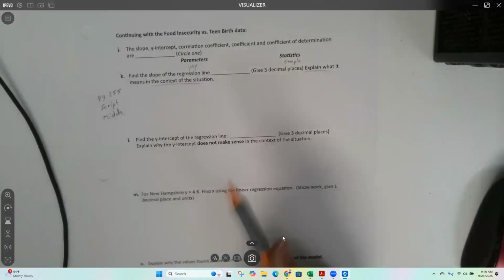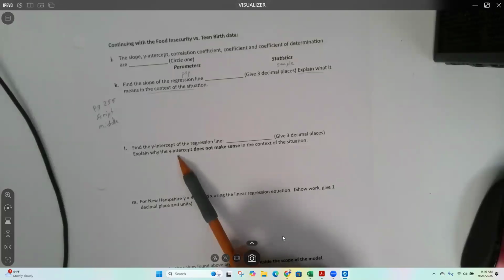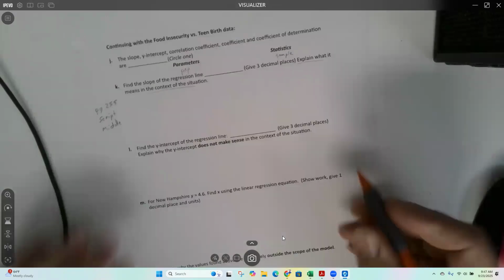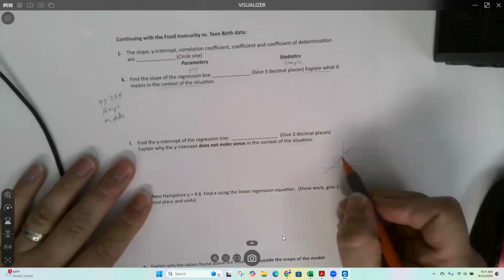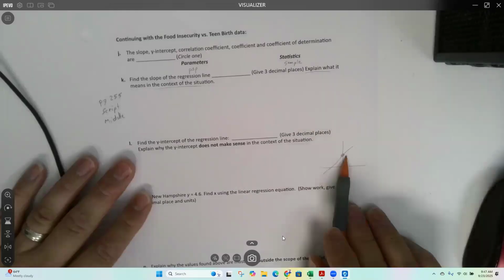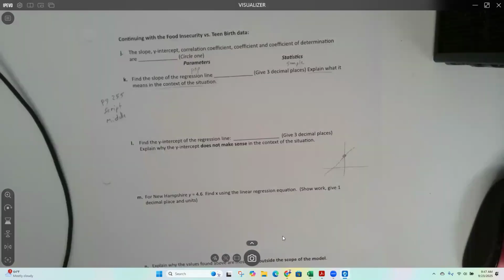All right, find the y-intercept of the regression line. So the y-intercept of a line, right, is where that line hits the y-axis. Okay, so that's your y-intercept right there. Keep in mind that a y-intercept is not just the b value, okay? So we said that the equation of a line is mx plus b, and b is the y-intercept.